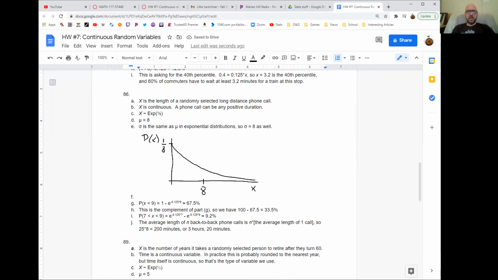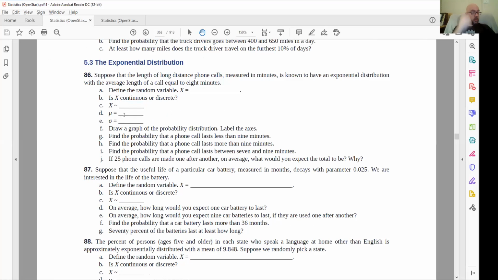So the mean, they literally told us what the mean was. Mu is the average, right? And we know that the average length is 8 minutes. So mu equals 8. In an exponential distribution, the standard deviation also equals the mean. This is not exactly a coincidence, but it's something that's not true in general for distributions, but it's true for exponential distributions and for Poisson as well.